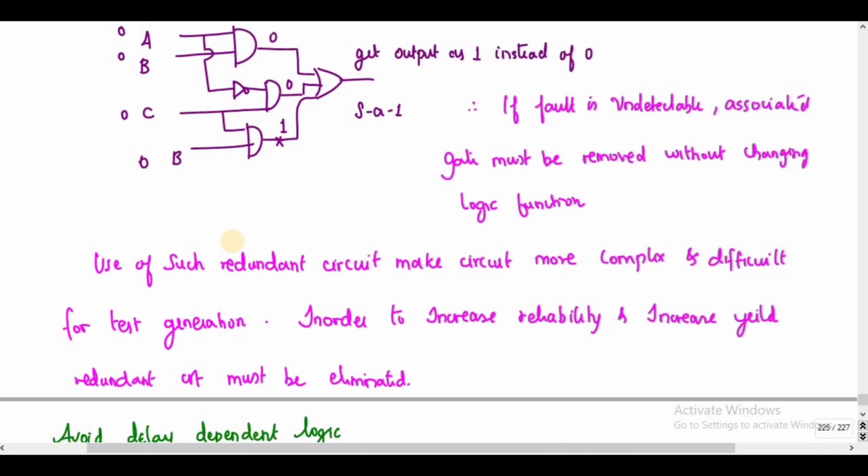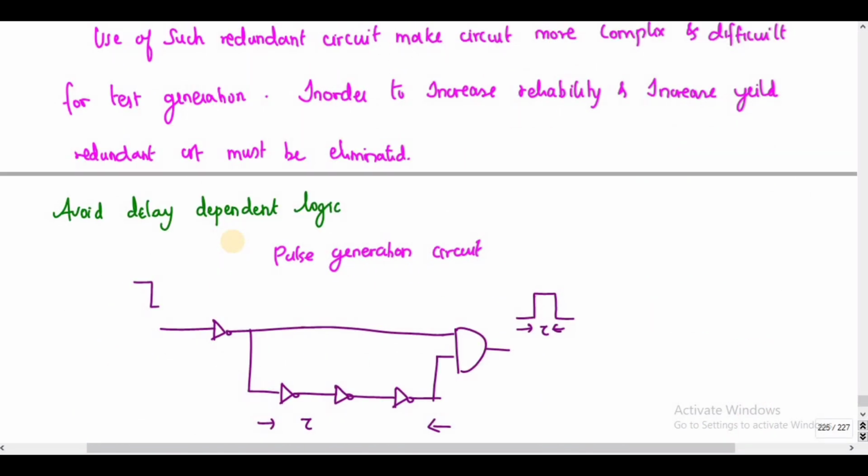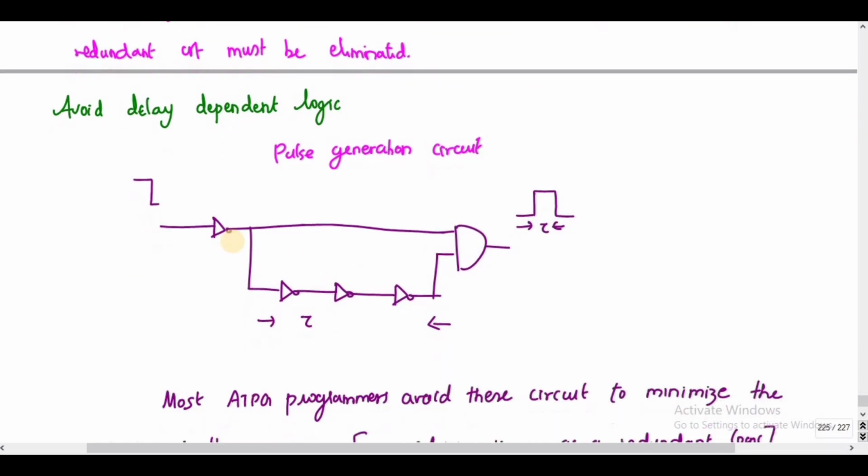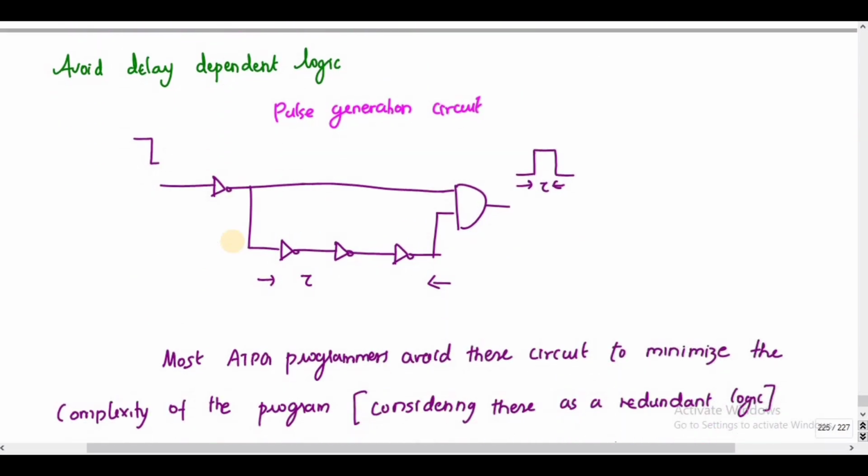Next one is avoiding delay-dependent logic. Consider the pulse generation circuit. Here the pulse gets generated because you will get the output like this, and you can see it gets delayed. If I AND this with the input, you will get the output like this, and it produces a pulse, which is nothing but the delay of these three inverters.